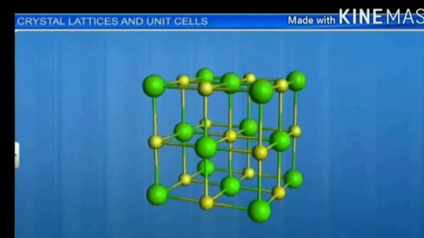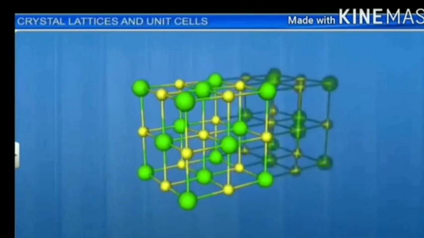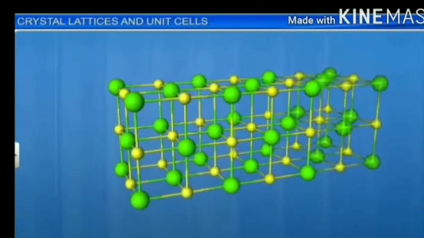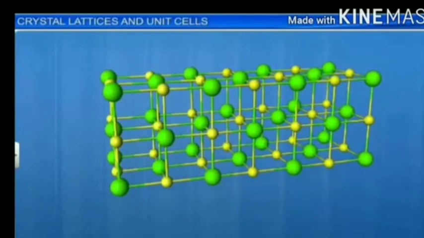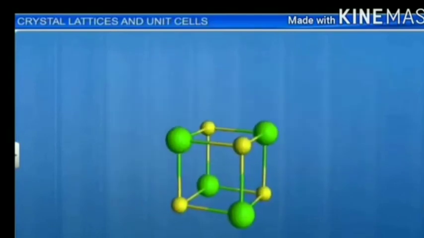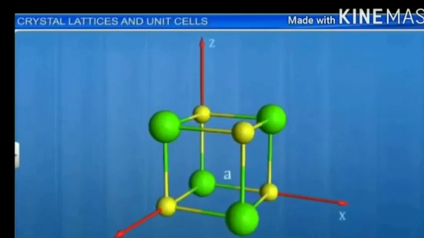So we can conclude that a regular three-dimensional arrangement of particles in space is called a crystal lattice, and the smallest repeated portion of a crystal lattice is known as a unit cell.